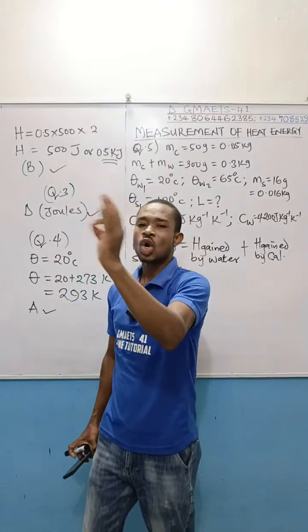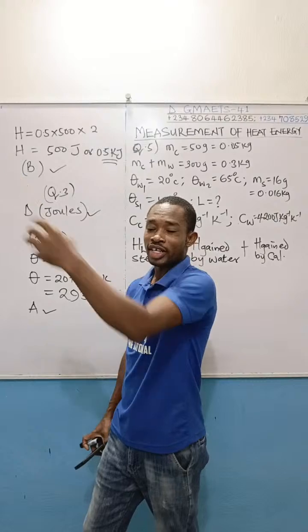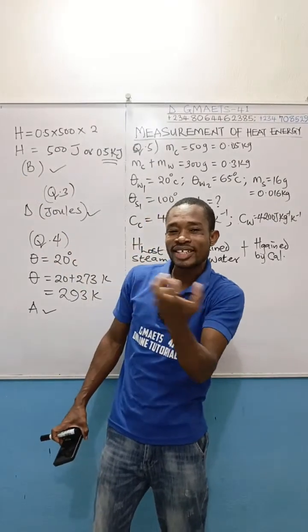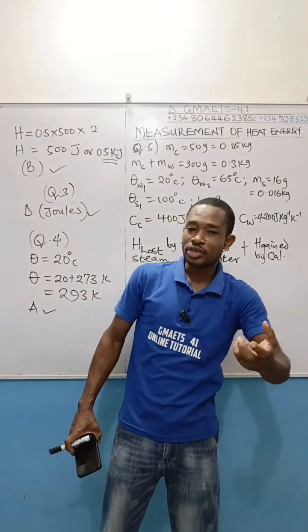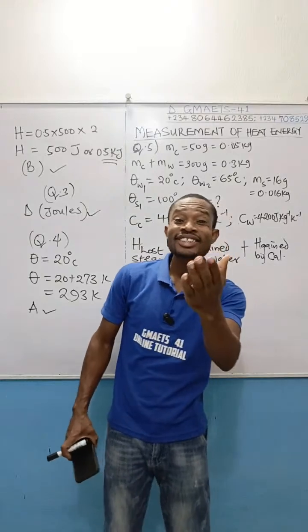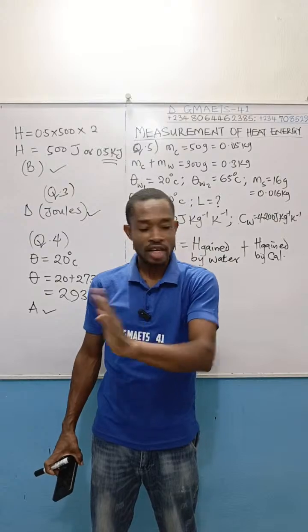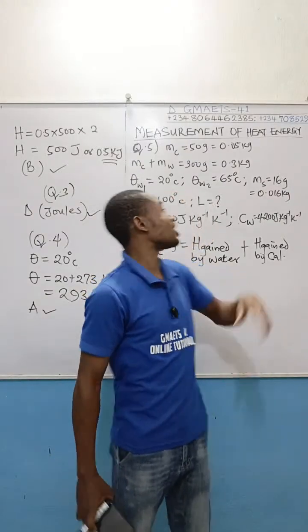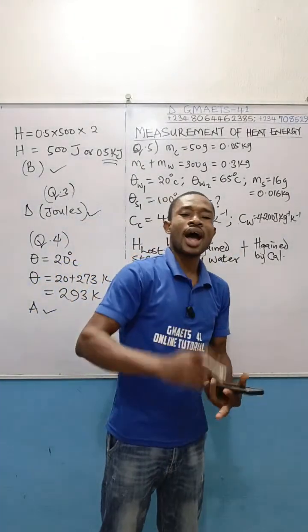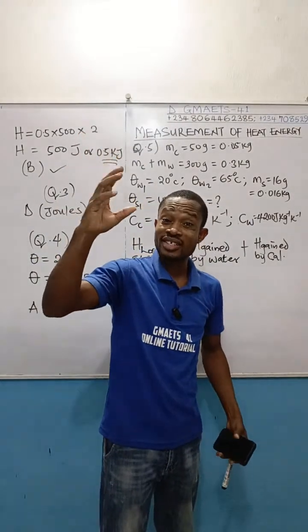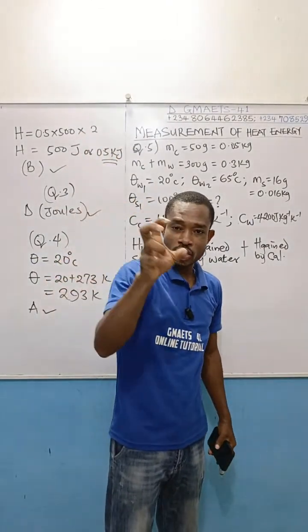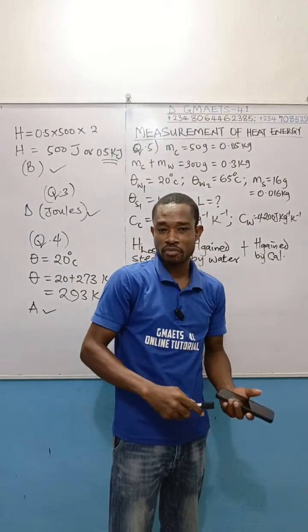The temperature will start reducing. In that case, there is no change of state, because it's just water at 100 degrees centigrade losing heat to water at 20 degrees centigrade. The water at 100 degrees centigrade will reduce its temperature to 65, which is the temperature of the mixture.